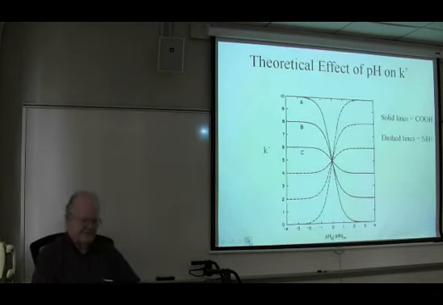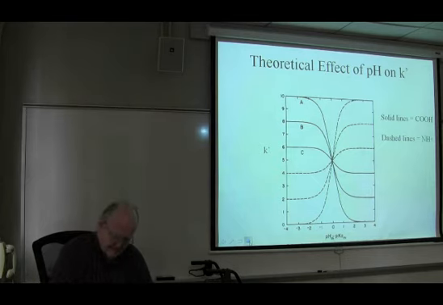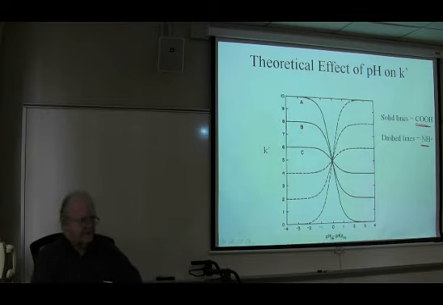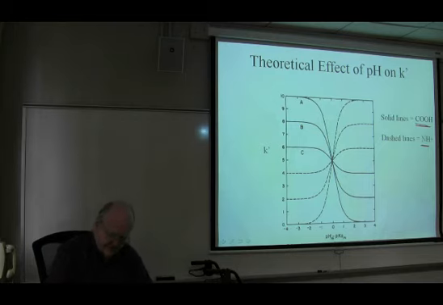And this is what happens. All of the solid lines are monocarboxylic acids. All of the dashed lines are monoprotic amines. You see the solid lines all go down. All the dashed lines go up.